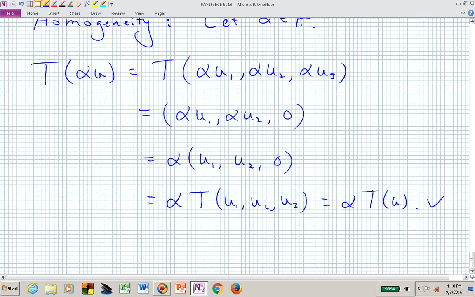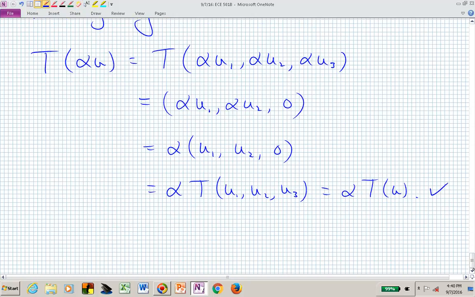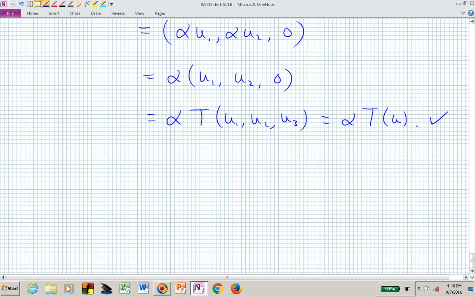And that's what we needed to show. We needed to show that homogeneity was satisfied and that additivity was satisfied, which now allows us to say that that projection operator, by a direct proof, is linear.